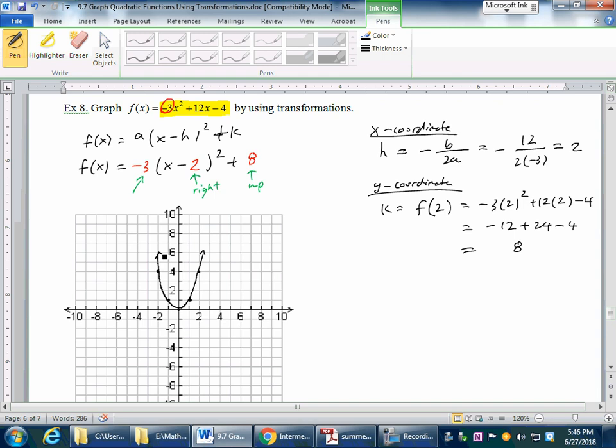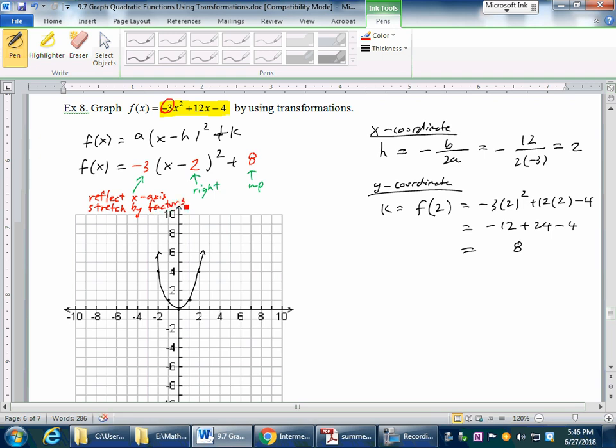First point. Oh, I forgot to write this down. This is reflect over the x-axis and stretch by a factor of 3.